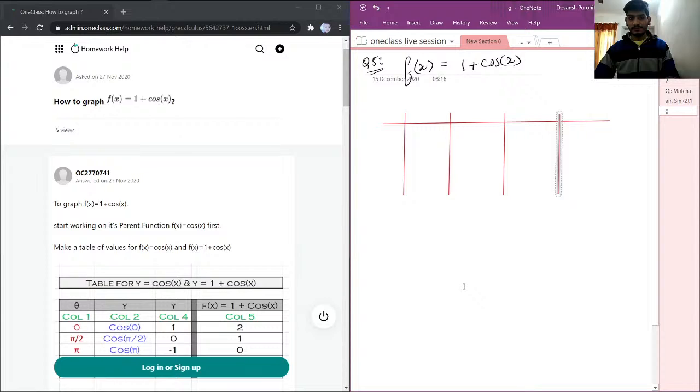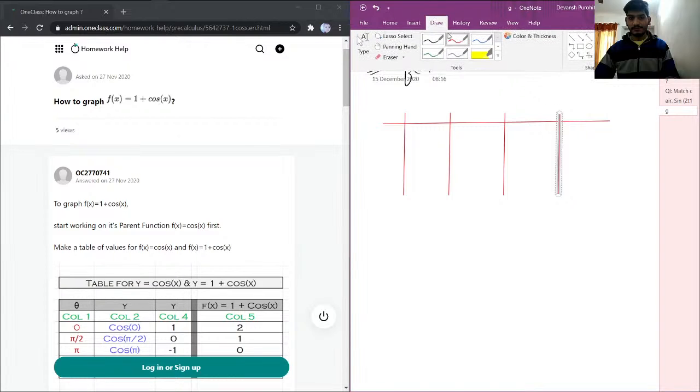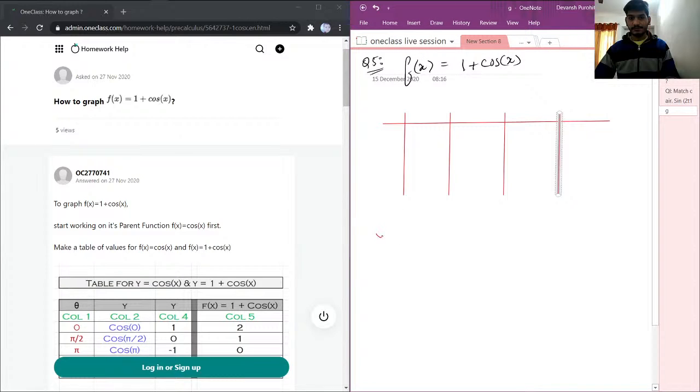Now let's say that this f of x is y, so y equals 1 plus cosine x. So my x will be here, then this column 1, I don't know why they have column 4. Okay, so this will be just cosine x, but it will be the evaluated value.